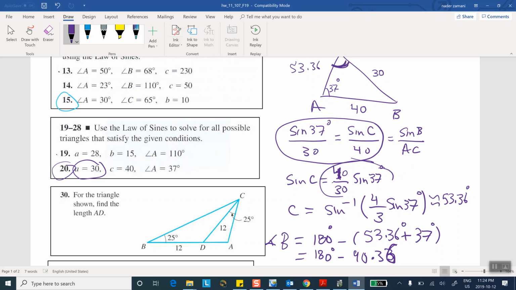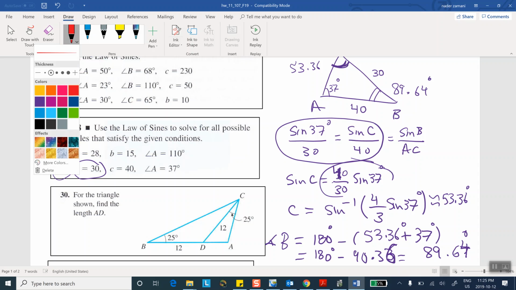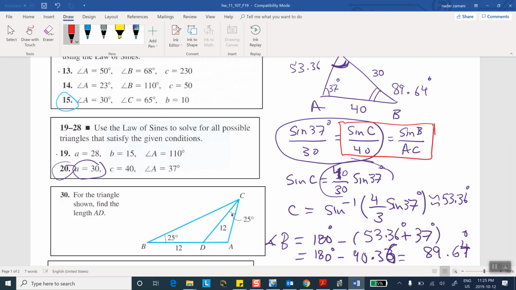Yep, and this is going to be 89.64. So this angle B is 89.64 degrees.